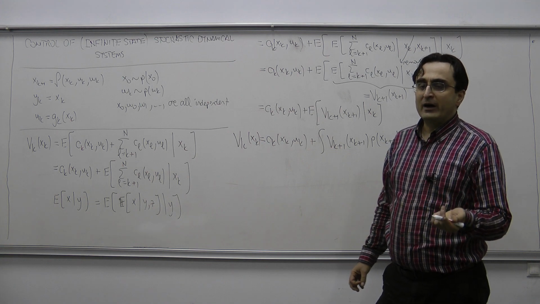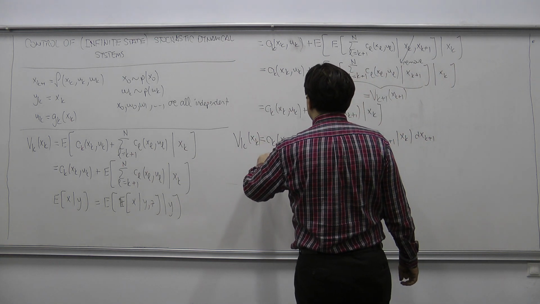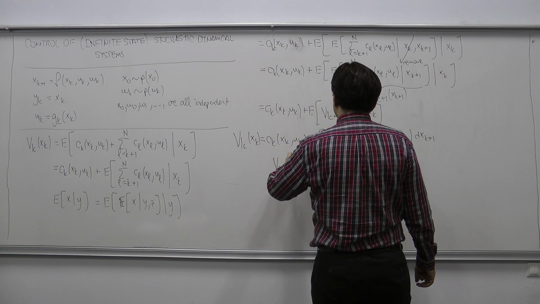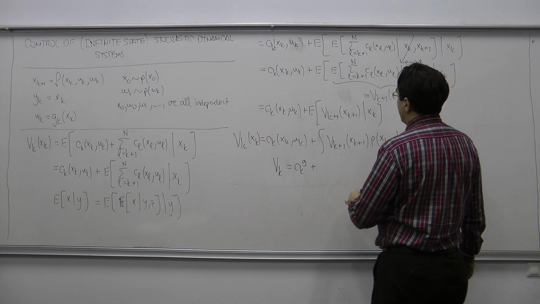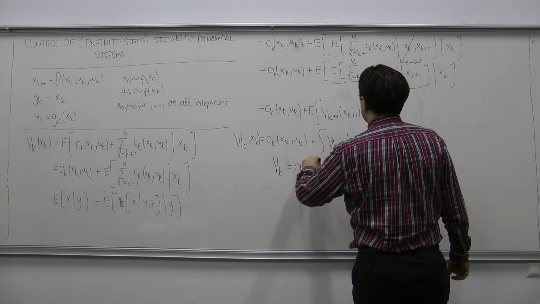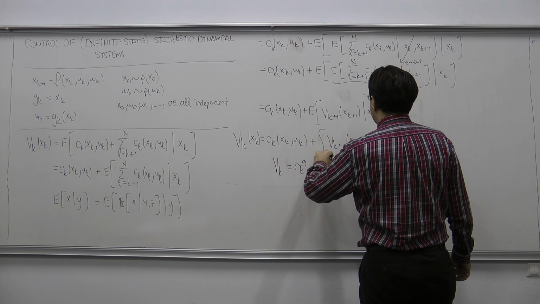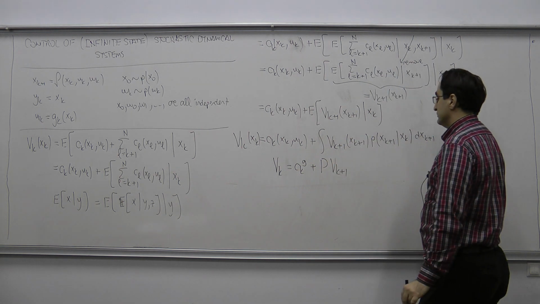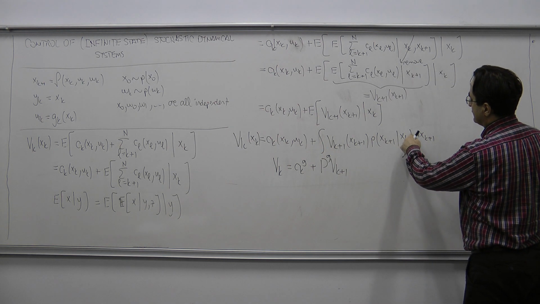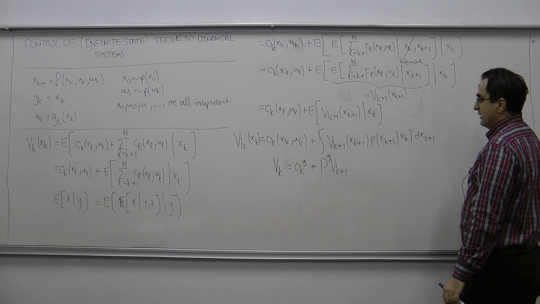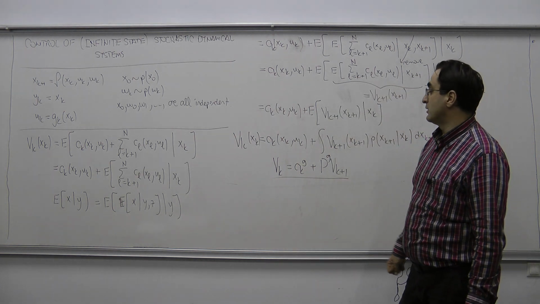In the case of finite state Markov chains, we have obtained the following formula: V_k is equal to c_k g plus the transition matrix times v_{k+1}. And here actually I can add u_k as well. So this was the formula in the case of finite state Markov chains.